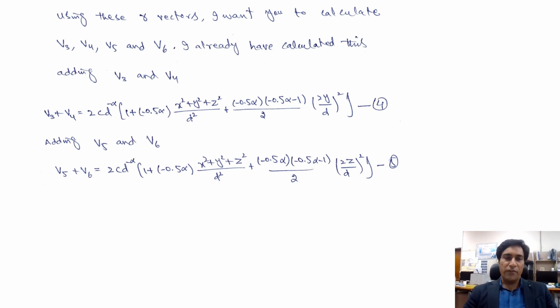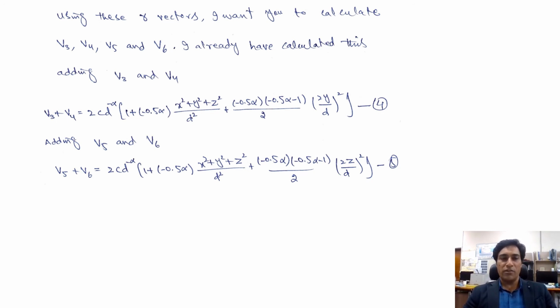Adding V5 and V6, V5 and V6 are from the point 0 0 plus minus d. It means the neighboring atoms we are discussing are situated in the z-axis, plus minus z. So here the term is z. So I think you can understand now.